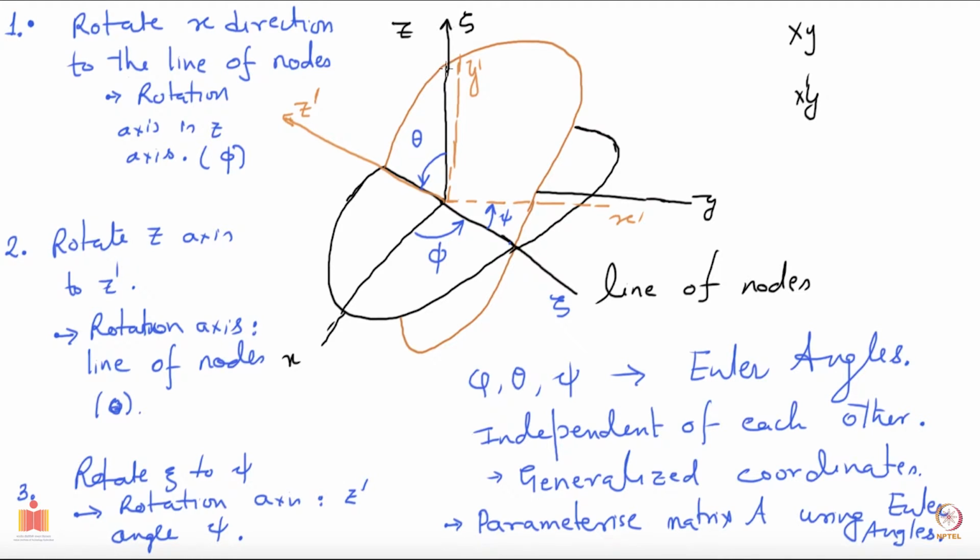Now I should do a rotation by angle theta about the nodal line, meaning my xi should not change at all because the rotation is going to happen about it.